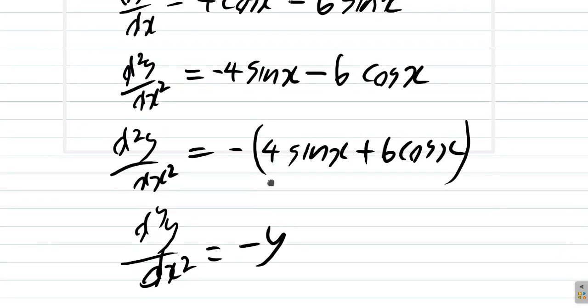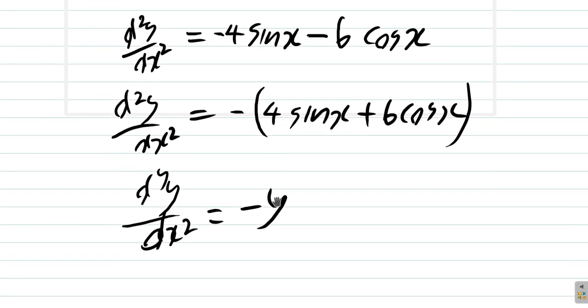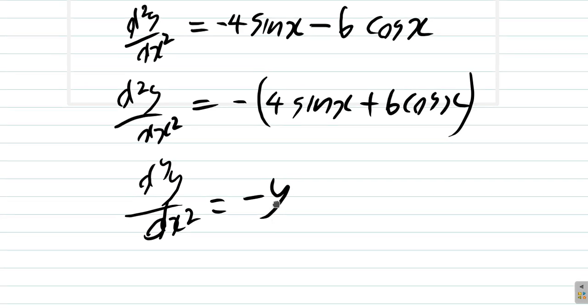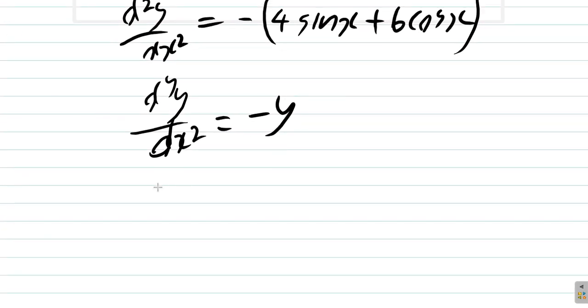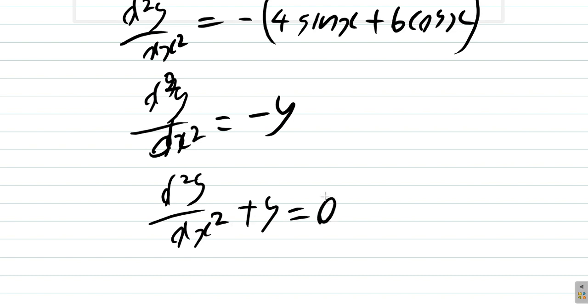Alright? So here we have our differential equation. And we could rewrite it and say the differential equation we formed, this should be square now, is d square y by dx squared plus y equals 0. Alright.